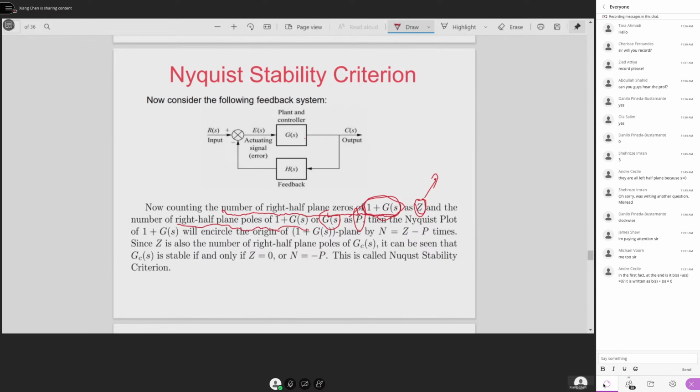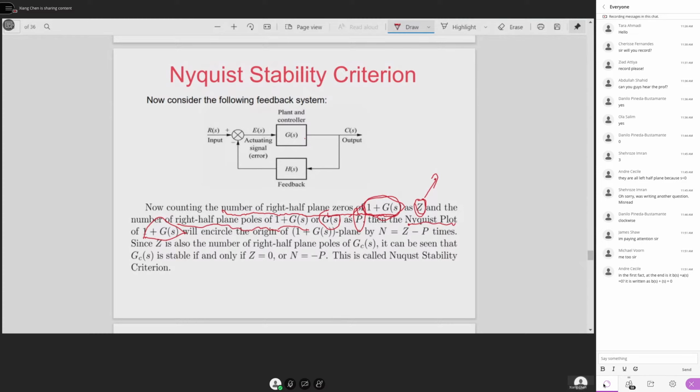And then I'm going to predict what happens to the Nyquist plot of 1 plus G of S as we encircle the origin of the 1 plus G of S plane. You see, right now I'm evaluating the 1 plus G of S transfer function, so I have to evaluate it on the 1 plus G of S plane.